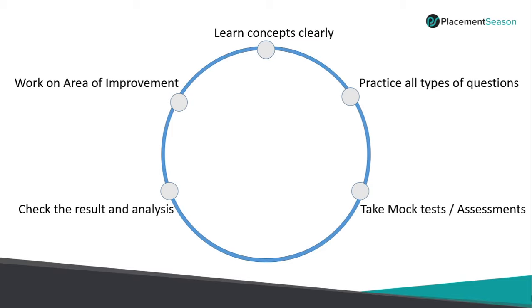We have designed the online training course in such a way that it guides you through all these five major parameters. You can learn concepts using our online training videos, and I will give you some other useful resources. Then you can practice the different challenges we are posting to you, take assessments every weekend, and check your analysis and results. Find out the areas you need to improve.